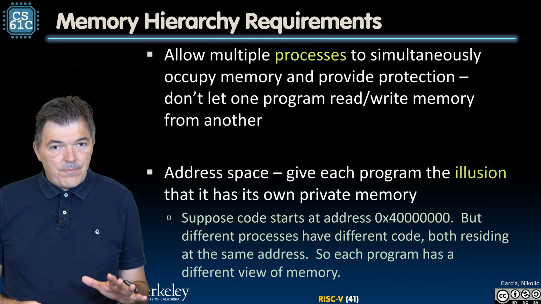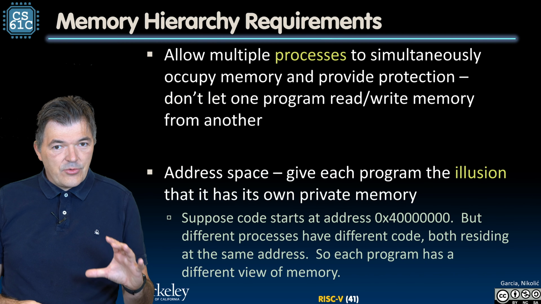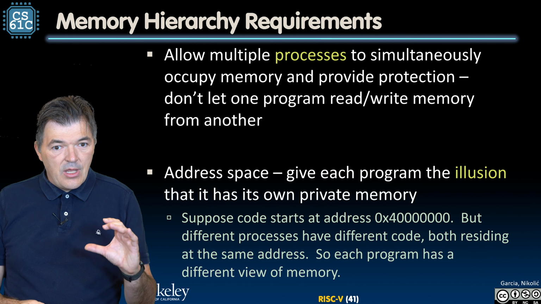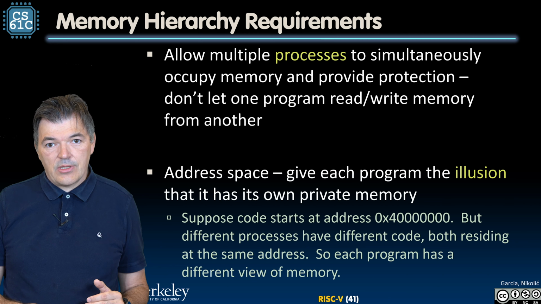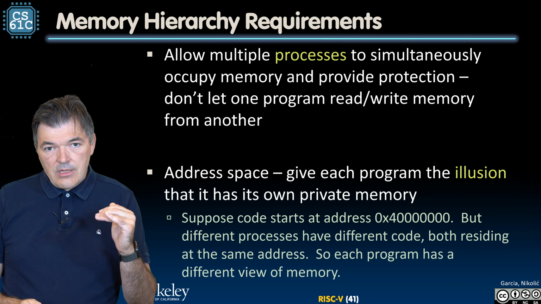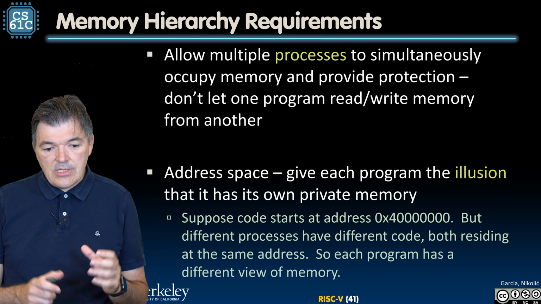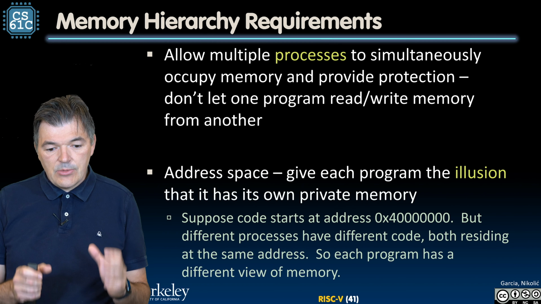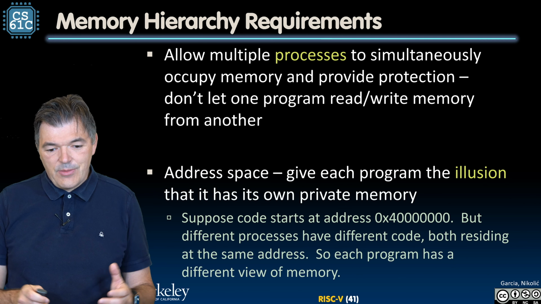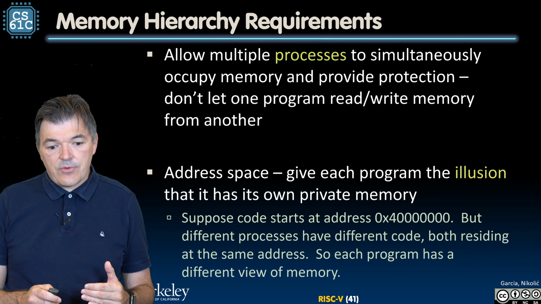So, one final thing to recap here: what is the role of virtual memory and these requirements in supporting the memory hierarchy? The whole system of translation is there to allow multiple processes to simultaneously occupy all of the memory, or almost all of the memory, and provide protection from each other.